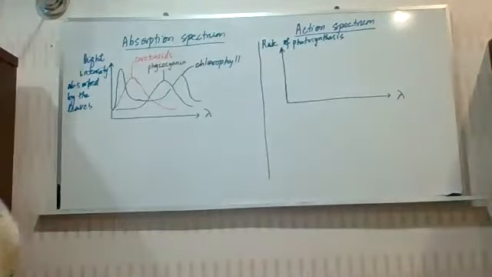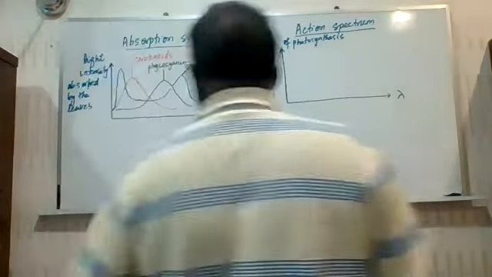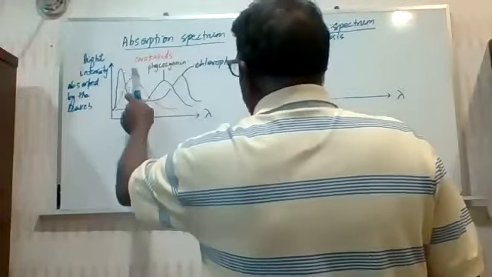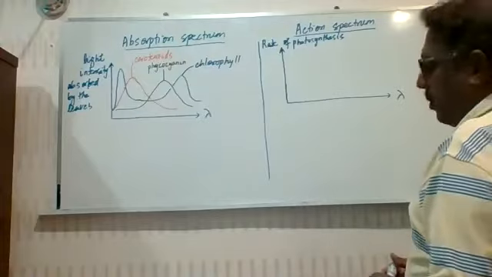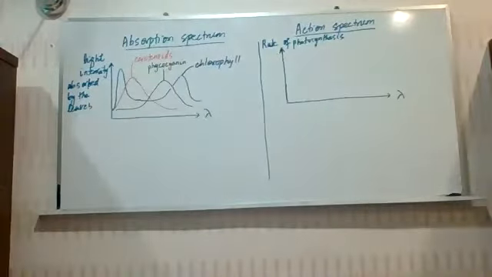Now you can see the difference between the two. Action spectrum is rate of photosynthesis against lambda, whereas your absorption spectrum is the light intensity absorbed by the leaves. First we look at what each is, then you'll find the correlation between the two.